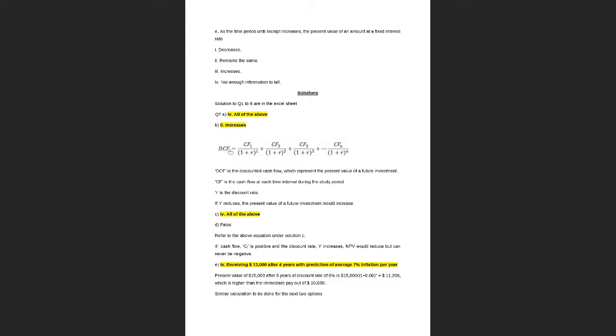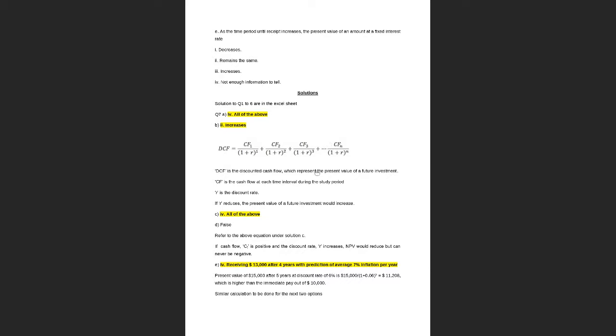The question says that if all the cash flows are positive, and we keep on increasing this R value, can we get a negative discounted cash flow? Do you think that just increasing the R value will give us a negative discounted cash flow, or will you have to have a negative cash flow here? So what is the answer?